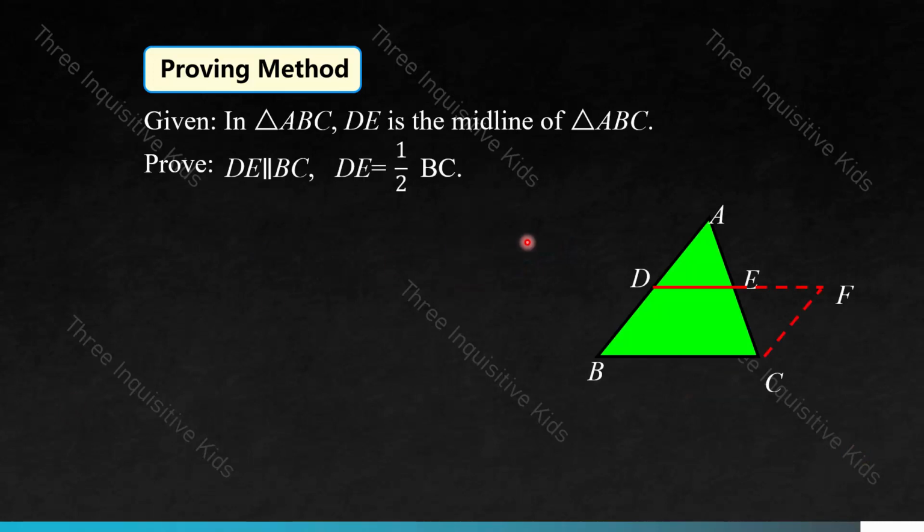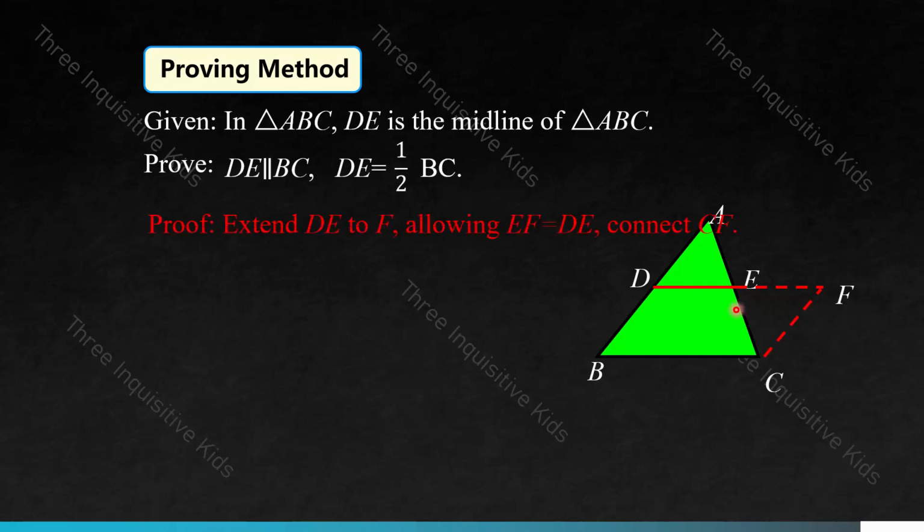Given that in triangle ABC, DE is the midline of ABC, prove that DE is parallel to BC and that DE is 1/2 of BC. Now you can pause the video and prove this problem.